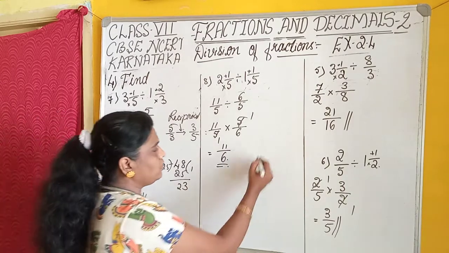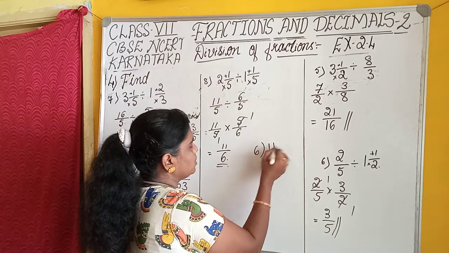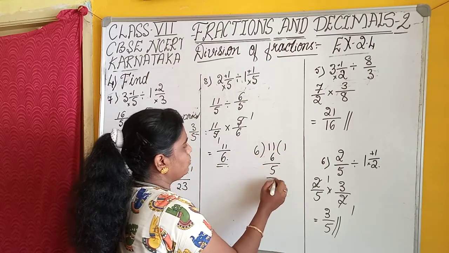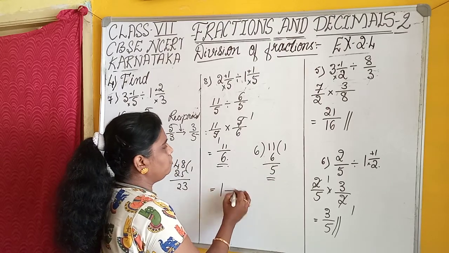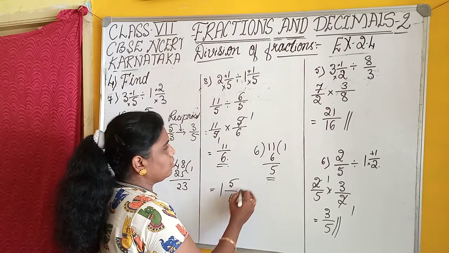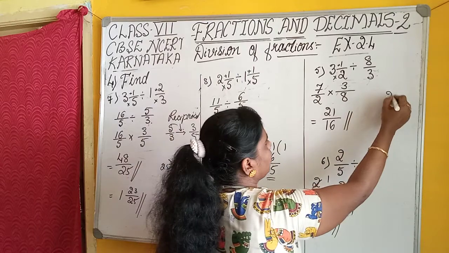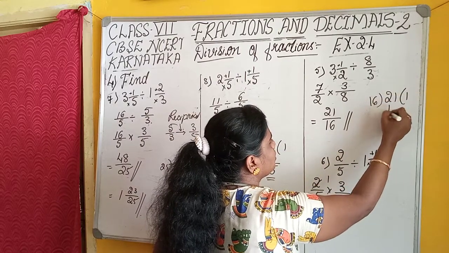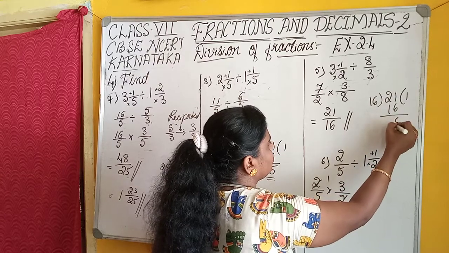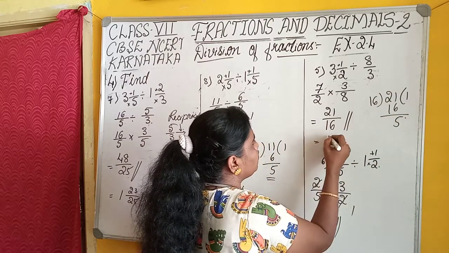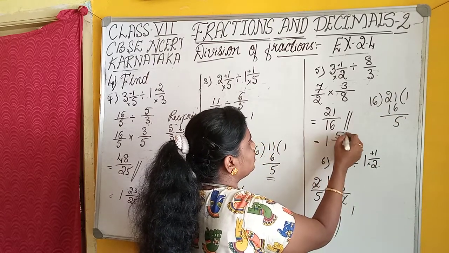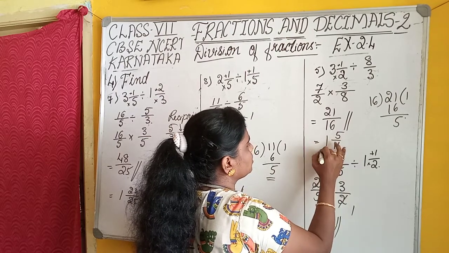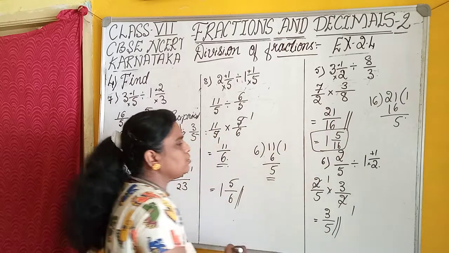And here also 11 by 6, that is 6 ones are 6, remainder 5, you can write 1 and 5 by 6. Okay, like this you can.